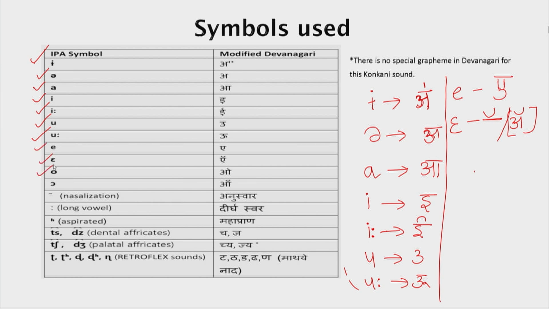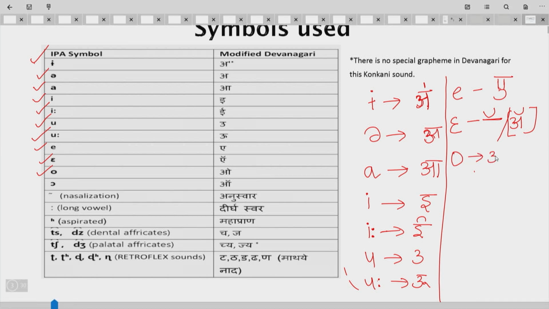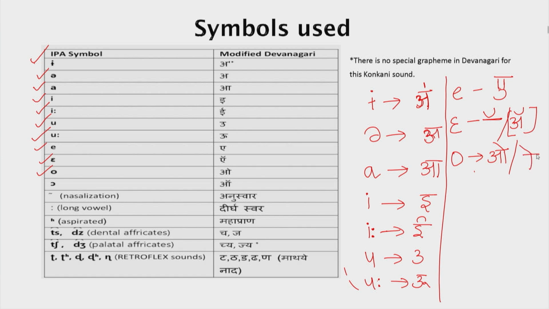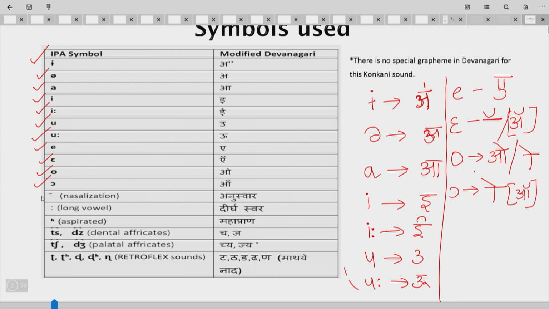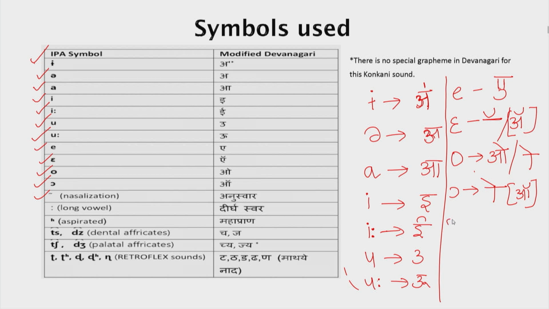Then we have O, symbol is small o, and the pronunciation is O, or like this mark. For O, the symbol is like this. In the written form, it will be like this only, but the pronunciation will be O. This mark represents the anuswar or nasalization.